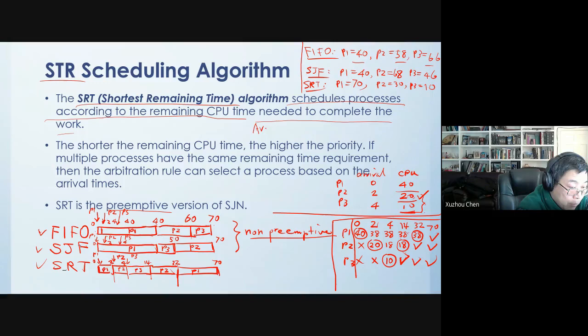So the average time for FIFO, let's check.